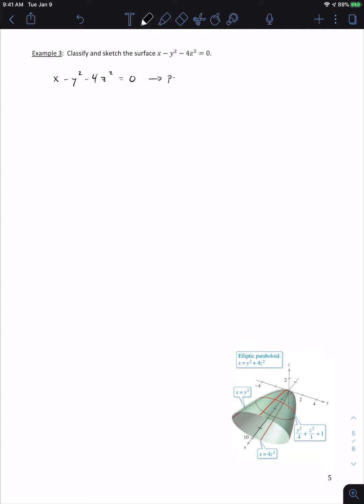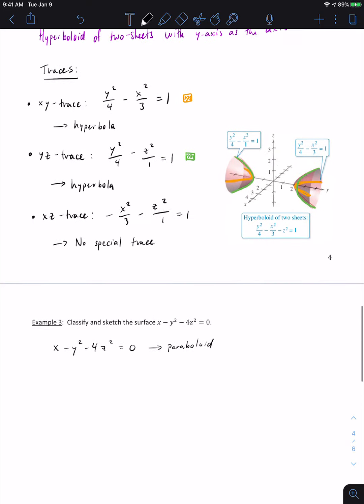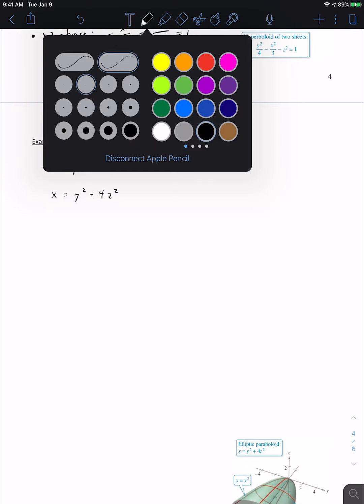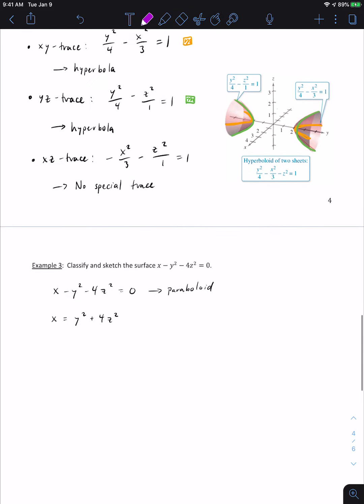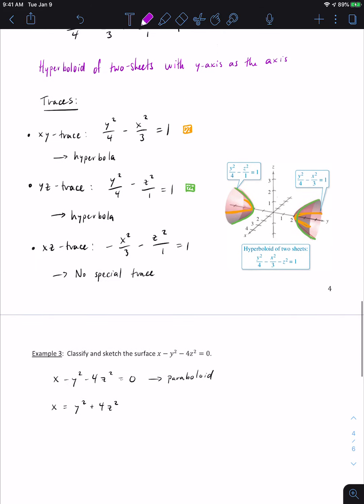Again, we know that's going to be a paraboloid. I think that's what they're called, right? Paraboloid. And so I'm going to leave the x on one side and get y squared plus 4z squared. Now it's in standard form. So again, what is this? There were two different paraboloids.